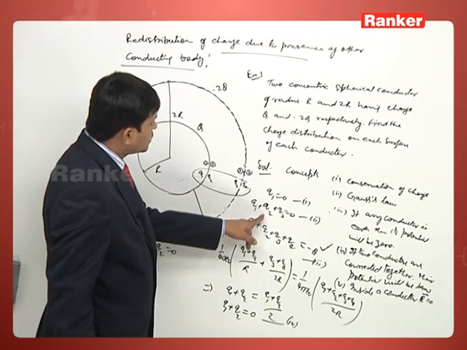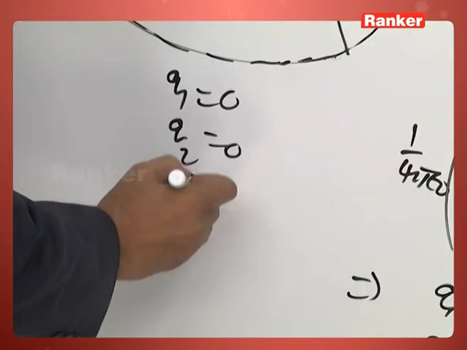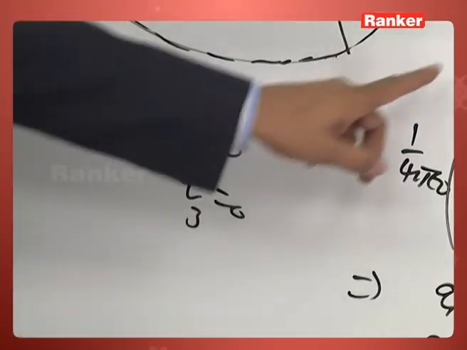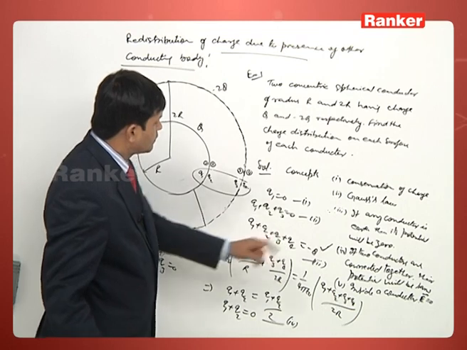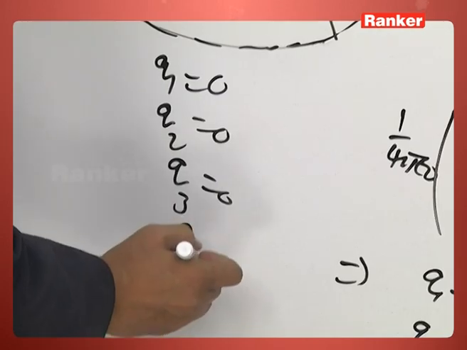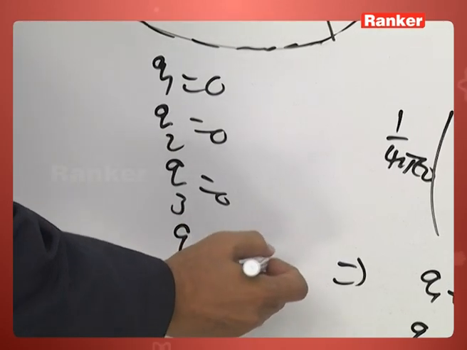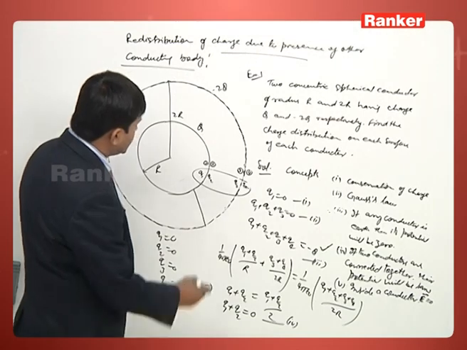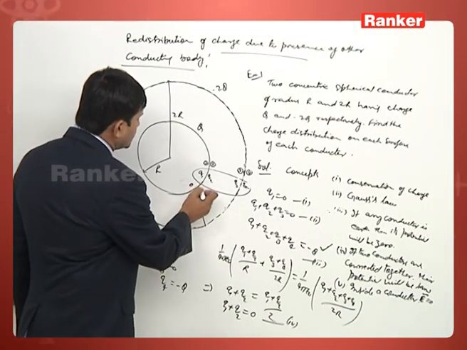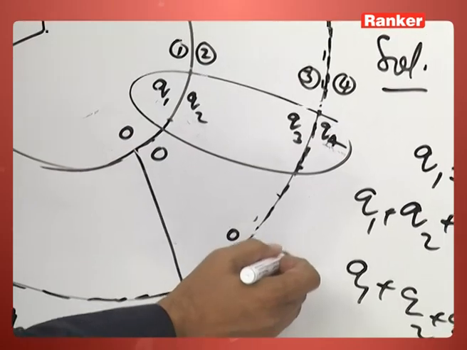If Q1 is 0 and Q2 is 0, then Q3 is also 0, and then all three are 0. Q4 is equal to minus Q. So finally, the charge distribution is 0, 0, 0 and minus Q.